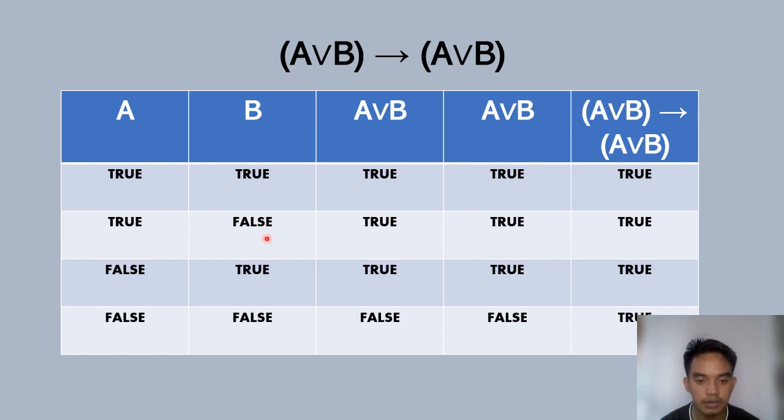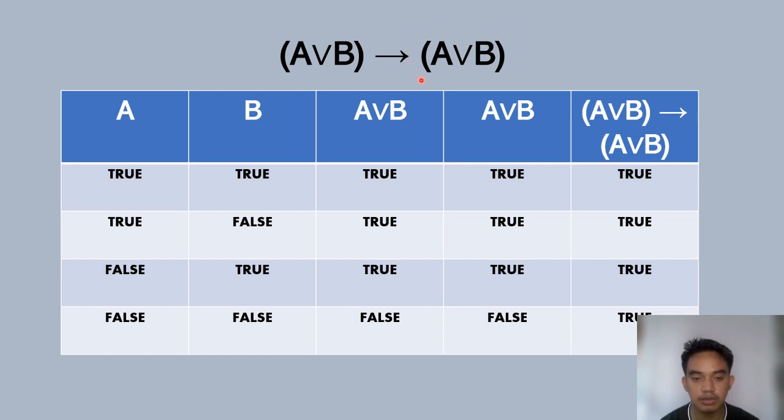If true, false, the value is true. Then false, true, the value is true. False, false, the value is false. So you can remember, in OR connectives, if at least any of the propositional values has a true value, which is 1, the result is true. It's the same here.